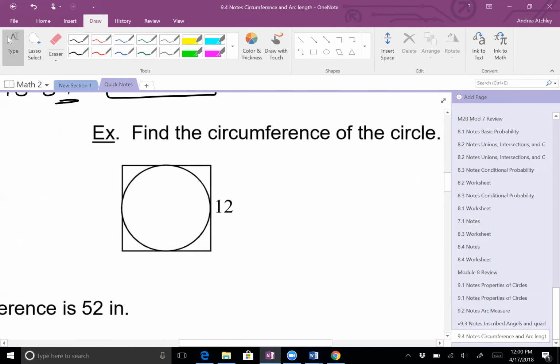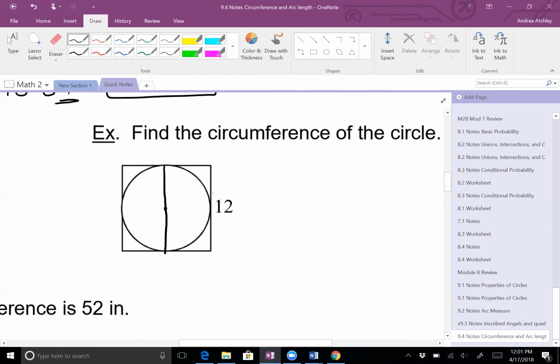Okay, next one. Find the circumference of the circle. Any idea how I can do this? Yeah? Very good. Since this side length is 12, that makes the diameter 12 as well.